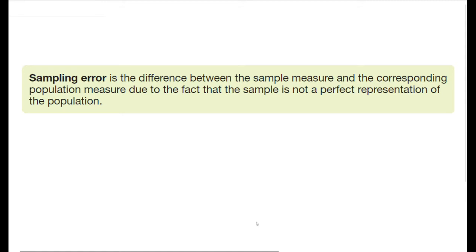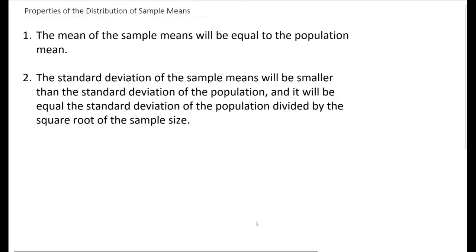The sampling error is the difference between the sample measure and the corresponding population measure due to the fact that the sample is not a perfect representation of the population. Since you're taking a sample that is by definition smaller than the population, you're not going to represent every single person in the population, so there's a good chance you're going to fall short. You're going to underestimate or overestimate the mean.